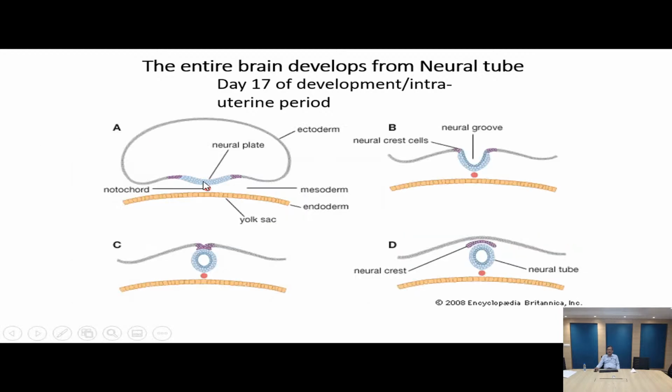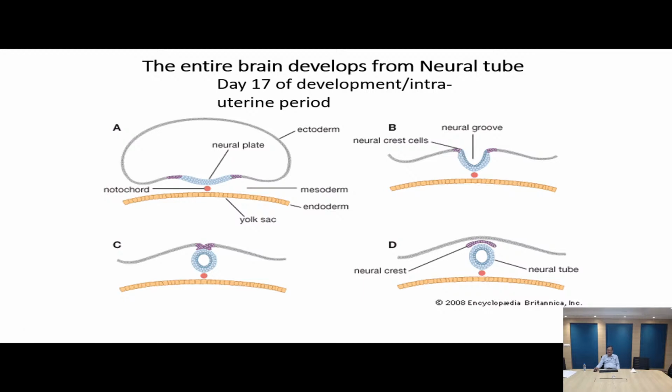This is the ectoderm I was talking to you about, and it has become thickened over here to form the neural plate, and it has become the neural groove now. The cells at the top of this groove, at the edges, are known as the neural crest cells.